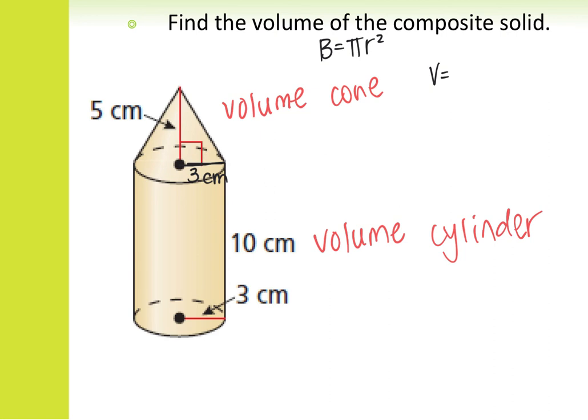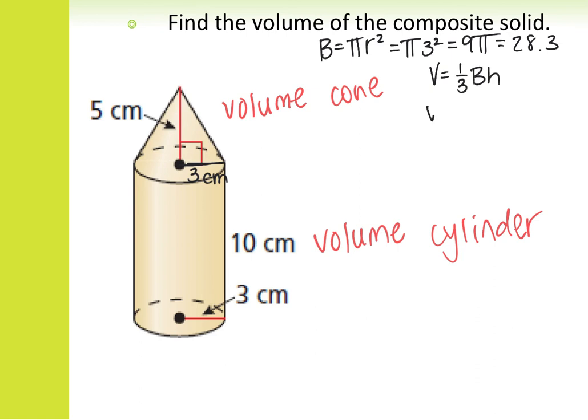Okay, so you did pi times 3 squared, which is 9 pi, which as a decimal was what? 28.3. Okay, what did you do with that? And then I did 1/3 times 5.